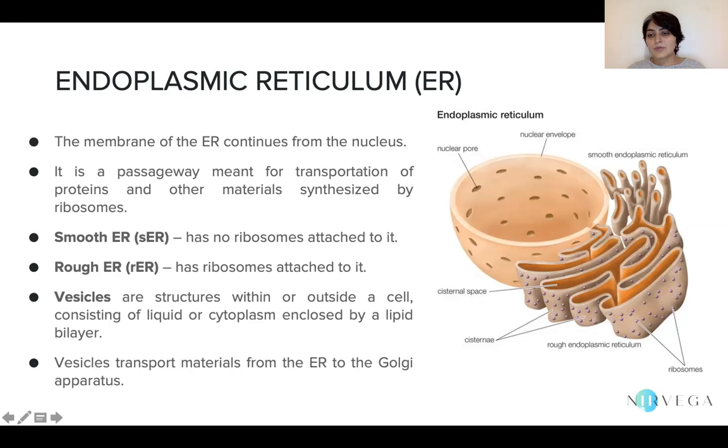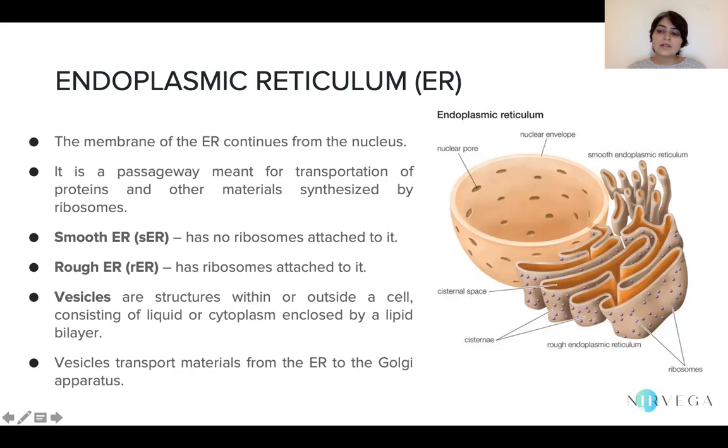So when the ribosomes come out of these holes, they can attach to the wall of the endoplasmic reticulum. This sort of endoplasmic reticulum, ER, is rough ER, for short RER. And if the ribosomes don't attach to the outside walls of the ER, then it is smooth ER, that is SER. Either way, both ER are responsible for transportation of proteins that are synthesized by the ribosomes.